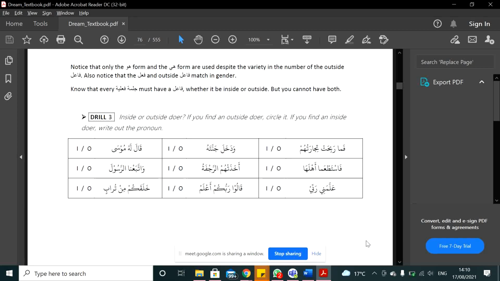If I translate khalaqa, with the doer in it, what would you say? He created. Kum means you all, right? He created you all. So kum is a detail here. We call it maf'ul, right?